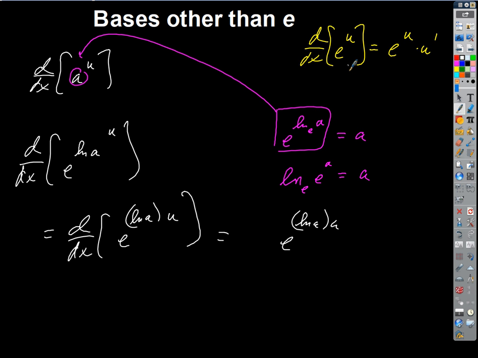Well, the derivative of u with respect to x is just u prime, right? That's what u prime means, it's du dx, okay? So if I'm doing the derivative of log a times u, well, log a is just a constant. That just stays out front, right? So I'm going to get log a times u prime, right? Everybody see that? So there's the first link. There's the second link.